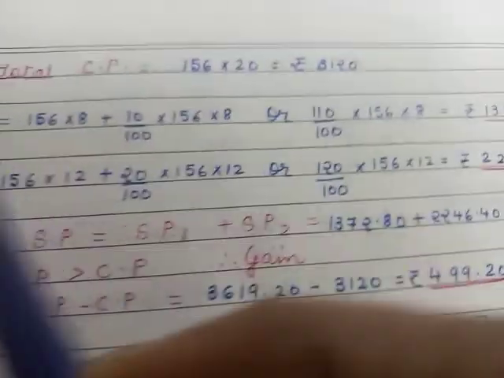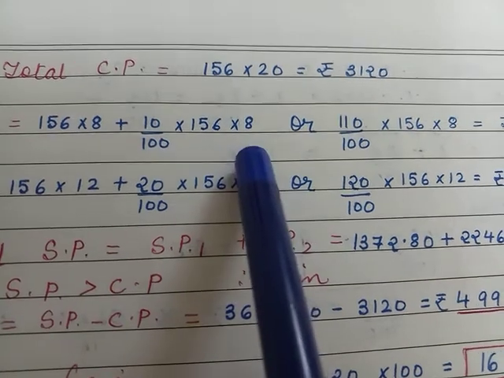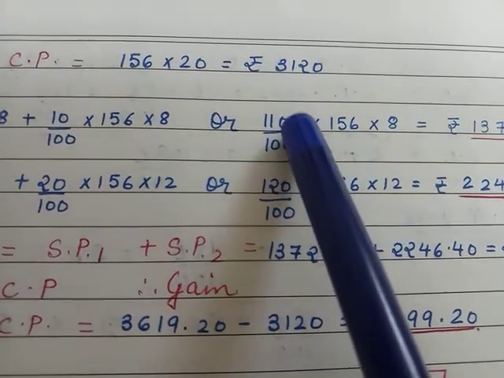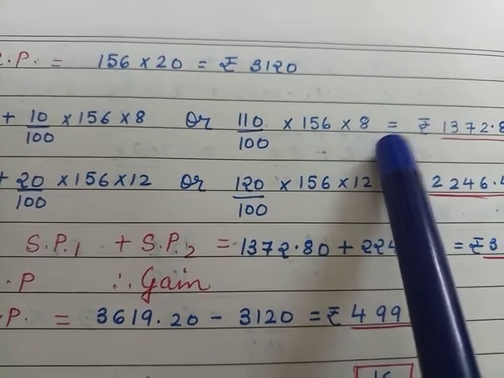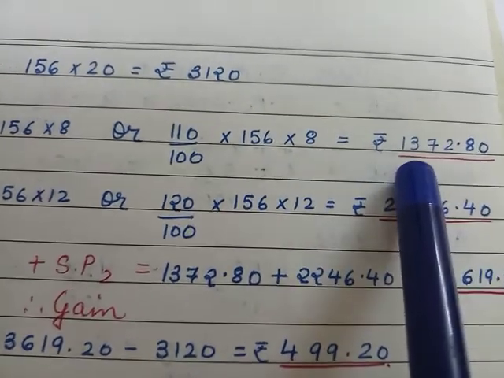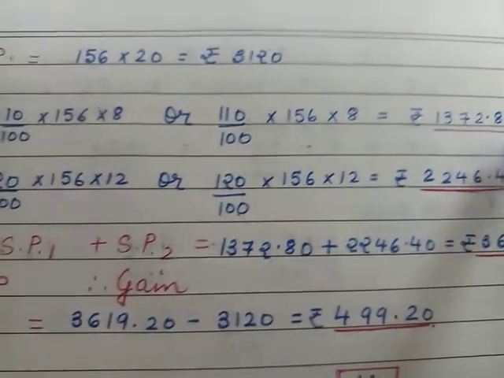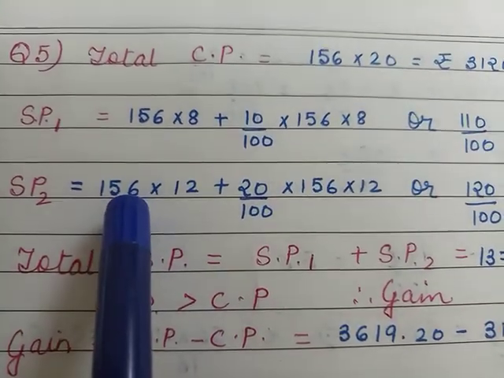Either you calculate the selling price of 8 dozen and then calculate 10% of it, or you can do the easier method, that is 110 upon 100 into 156 into 8. If you calculate this, it becomes 1372.80.